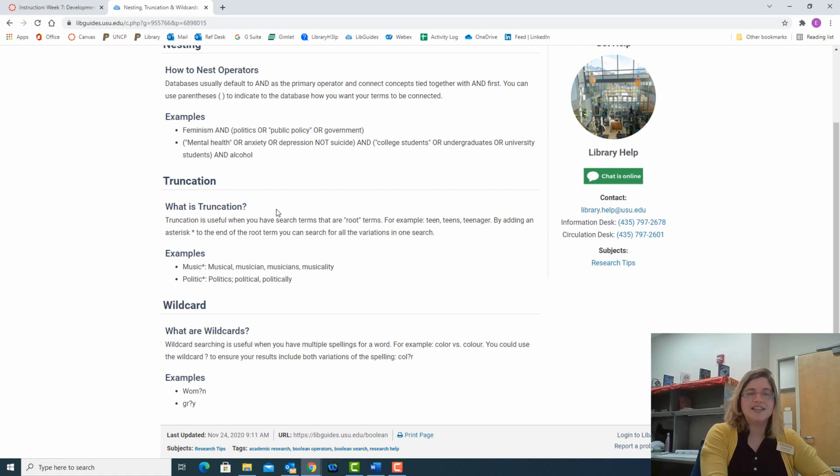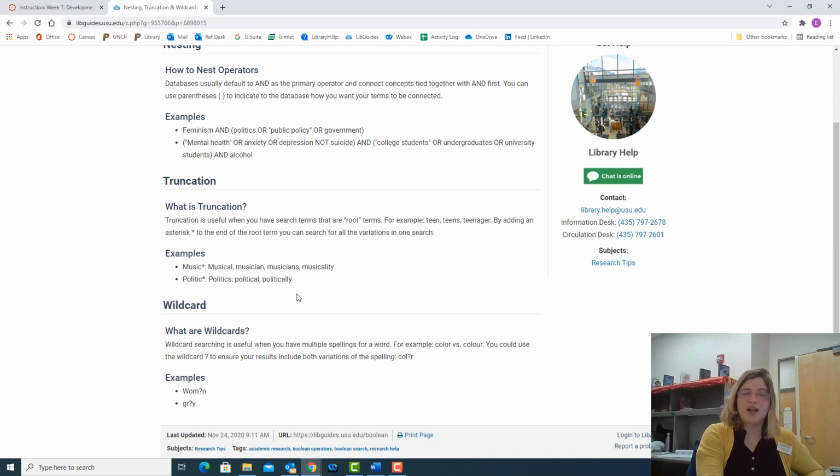In truncation, this is very useful if you have words that are root words and you can search for all the different iterations. And they give the example teen, teens, teenager, music, musically, musician, musicians, musicality, sorry about that, or politics, political, politically. And this will help you broaden your search term to find all of the results that might have that root word.